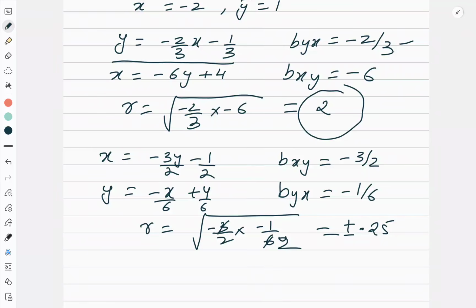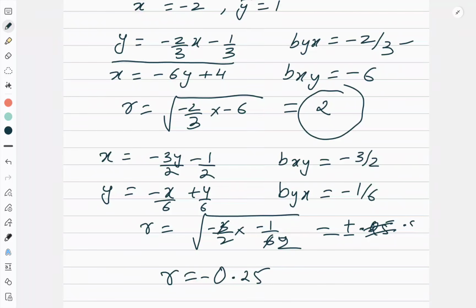Again, since it is under root, it is plus minus, right? And since both values are negative, I will take r with a negative sign, which means I have a negative correlation over here. Correct? But see, it is not 0.25, it is 0.5 actually. It is 1 by 4, and if you take the square root of 1 by 4, it is 1 by 2.